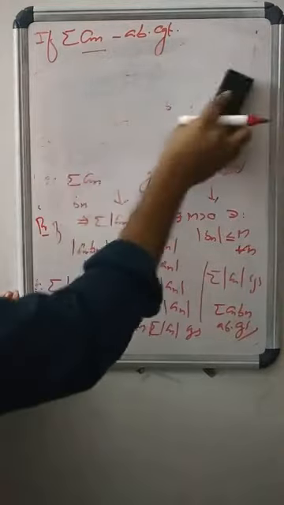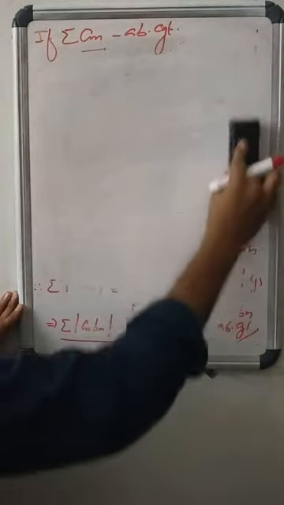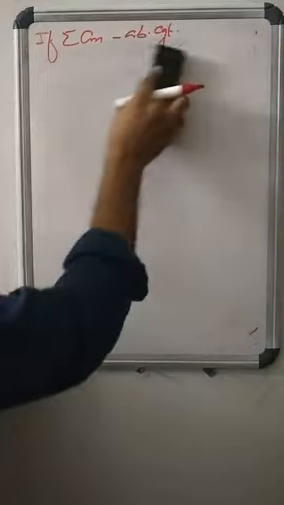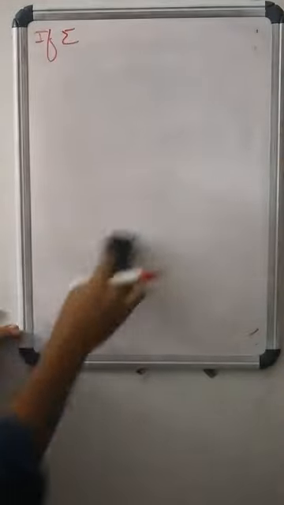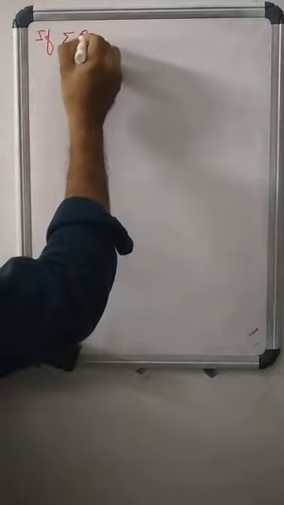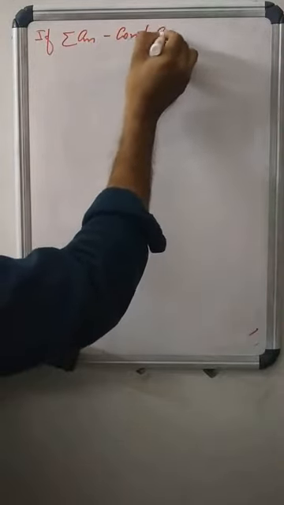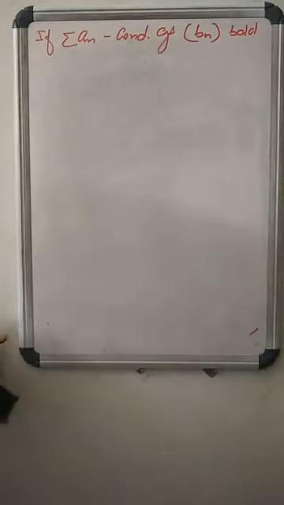Now, again, consider a series sigma an. If sigma an is conditionally convergent and bn is bounded, what about sigma an bn again?